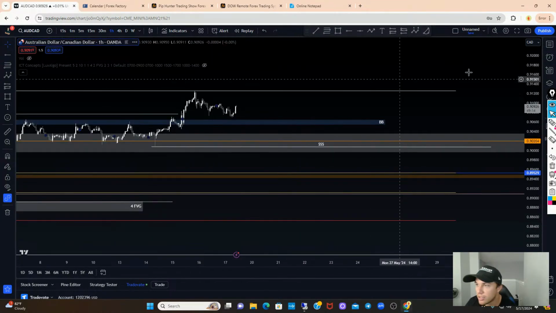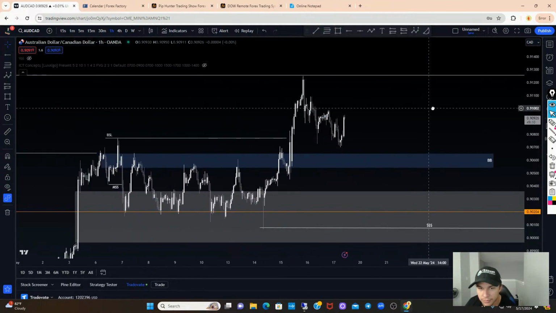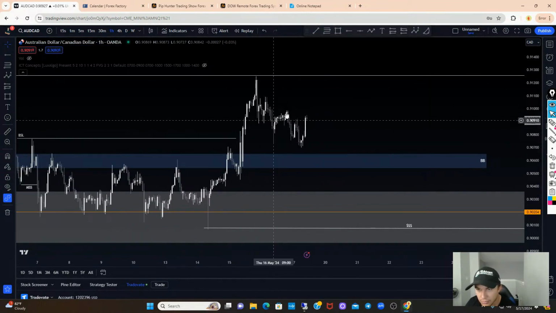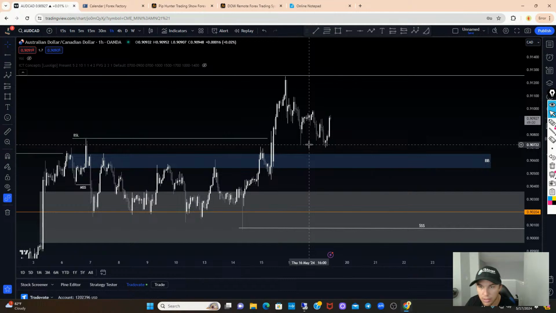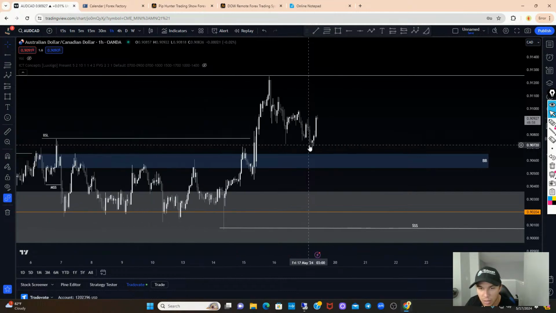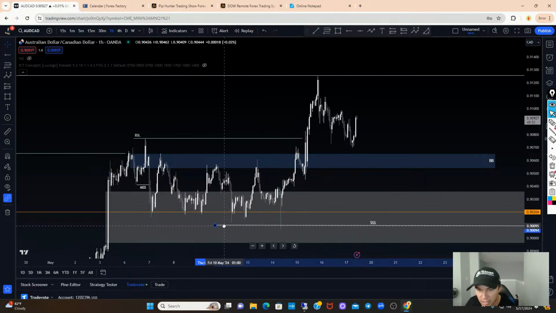Now we're going to take a look at the 1 hour. We didn't really get any displacement so far. We are continuing to move lower here on the Aussie CAD. What I'm looking for is areas of manipulation down below here in a fair value gap.